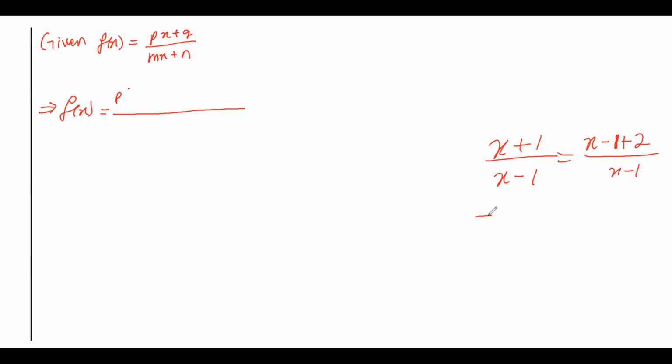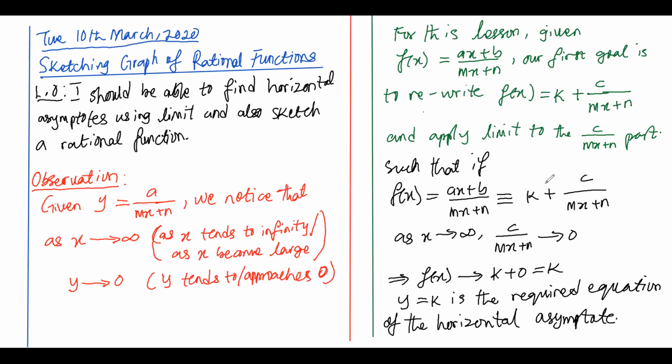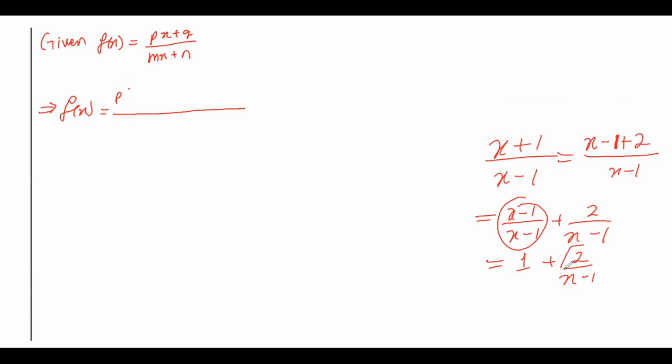So with this, it will be x minus 1 divided by x minus 1, plus 2 divided by x minus 1. So this is your k that I meant earlier. Okay, so this is what we are trying to do, to write it in this form. Because now we can apply limit to this part and get 0, then you know that 1 is the result.